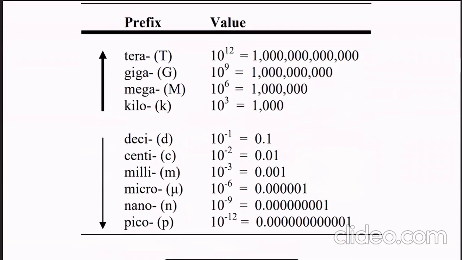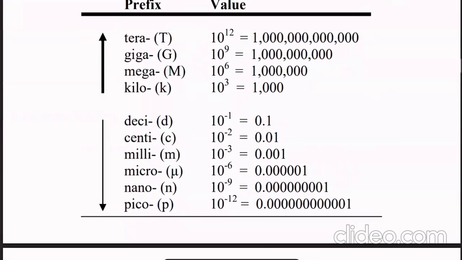All of these values here, you need to know all these values. You have to memorize all these values here. You need to know that tera is 10 to the 12, giga is 10 to the 9, mega is 10 to the 6, kilo is 10 to the 3. There is some confusion, though, using this specific table. But you do have to know the prefixes and their values.